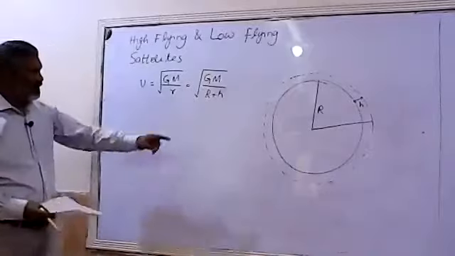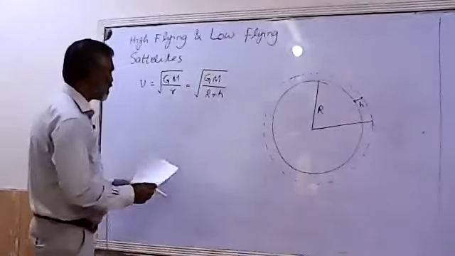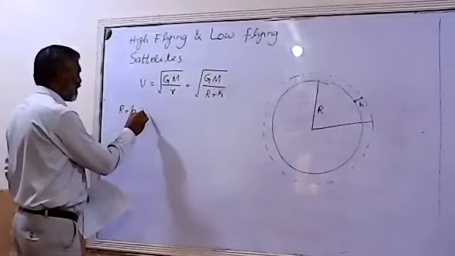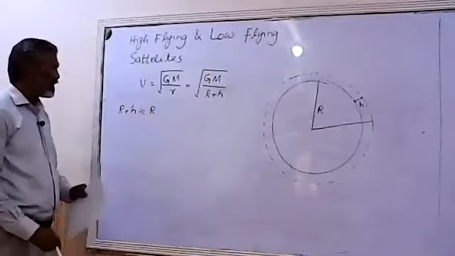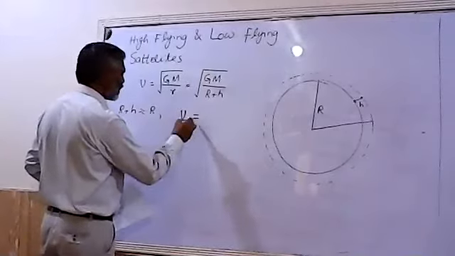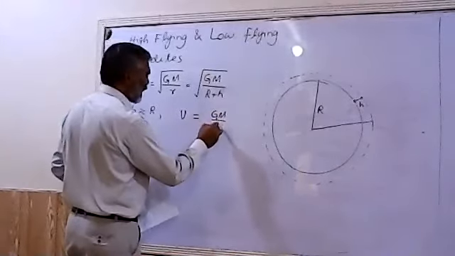And since this h is very small as compared to the radius of the Earth, this R plus h is nearly equal to the radius of the Earth. That means v, which is the orbital speed, becomes the square root of GM over capital R.